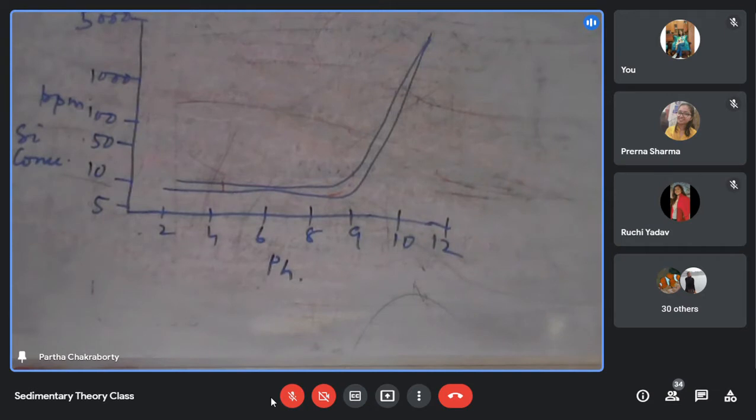Radiolarian chert and diatomaceous earth are below the CCD in the deeper ocean. They are not in the shallow ocean. Now, what is happening in the deeper ocean? Because of higher pressure, lower temperature and more dissolution of CO2, the ocean water in the deeper part is mildly acidic, whereas the shallow part of the ocean is more alkaline.